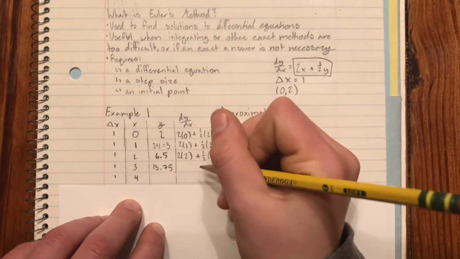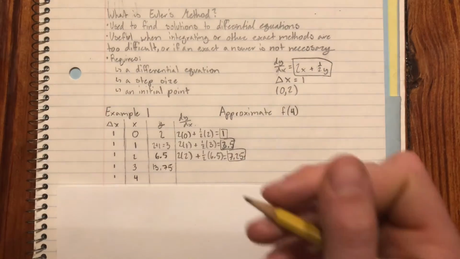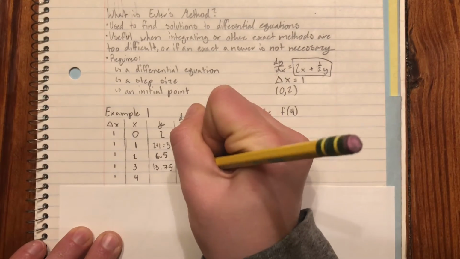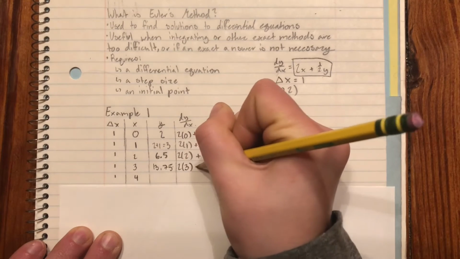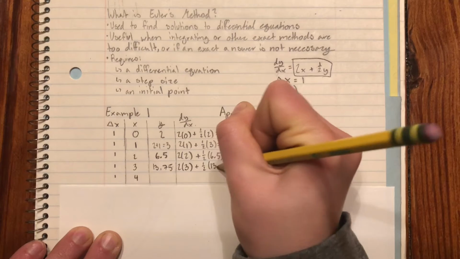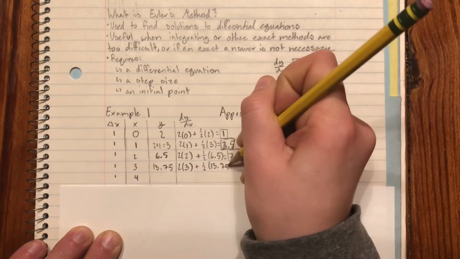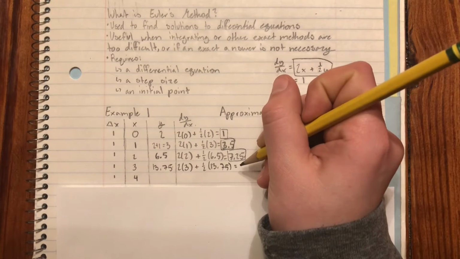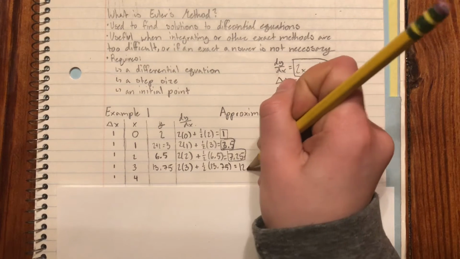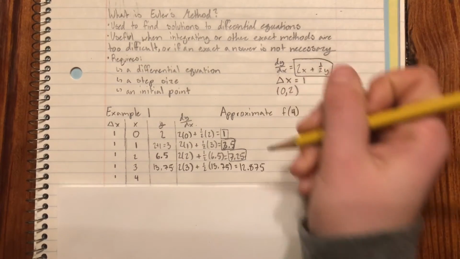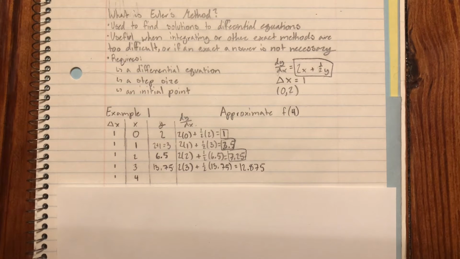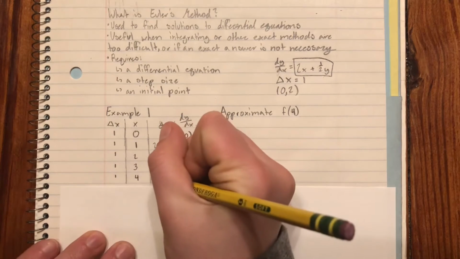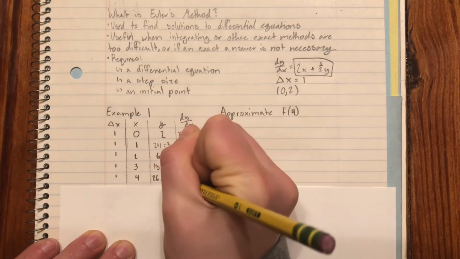So 13.75, all right, plug that in. So 2 times 3 plus 1/2 of 13.75 is equal to 12.875, and then we bring the 12.875 over, so 12.875 plus 13.75 gives us our final answer of 26.625.